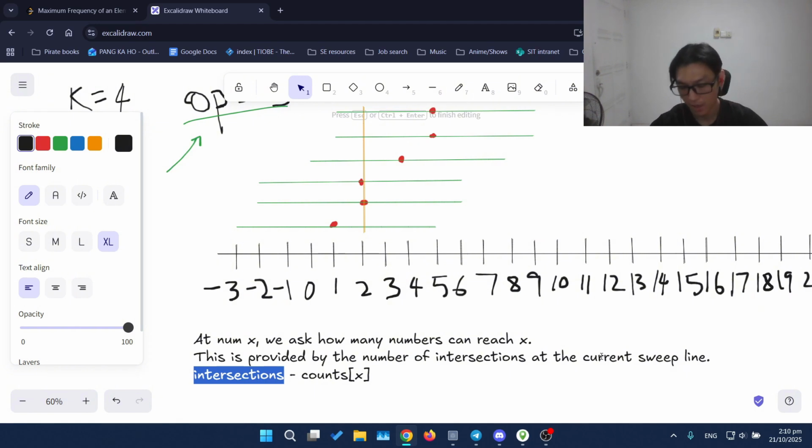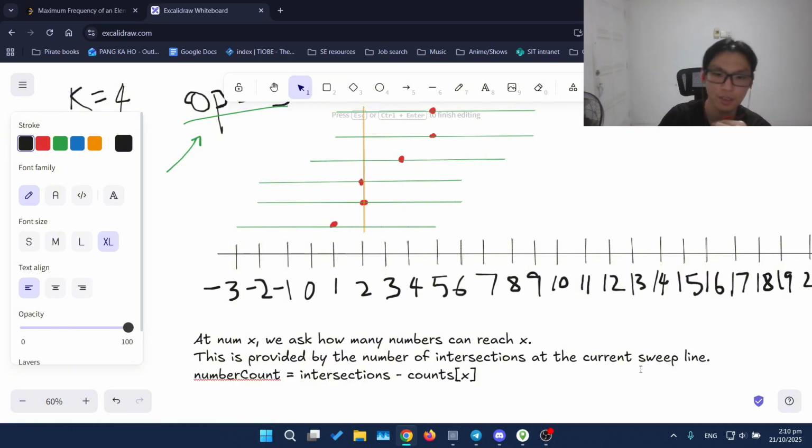This would give us the number of numbers. Okay, and then the number count. This is the number count that can actually reach x.